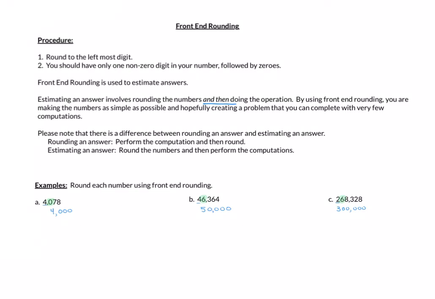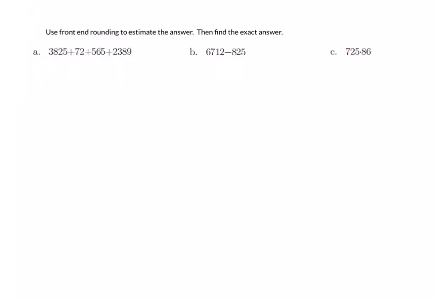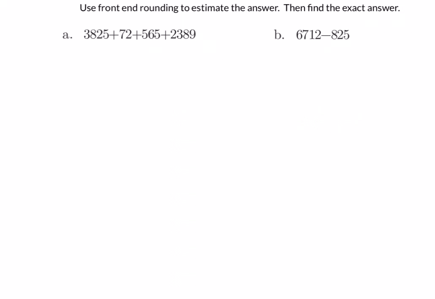Okay, so now let's go ahead and take this and apply it to some other problems involving estimation. So if we look at these, what we want to do is we're going to talk about estimating the answer, and then we're going to find the exact answer. So example A, we'll start with that one.